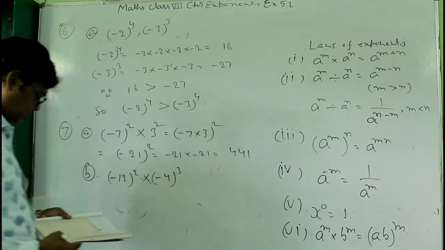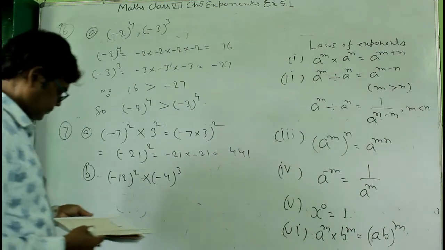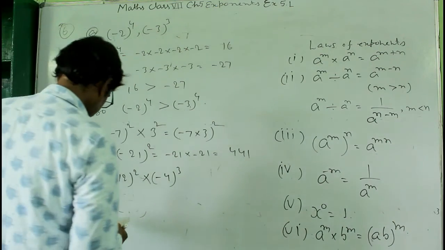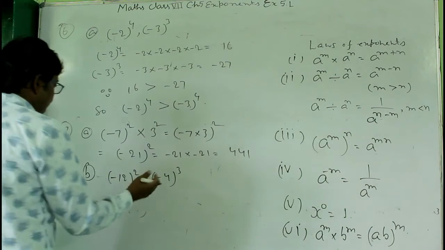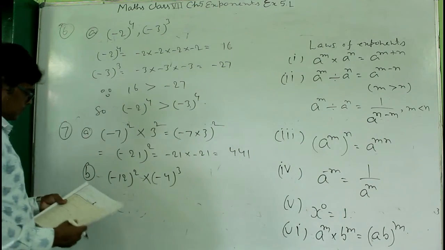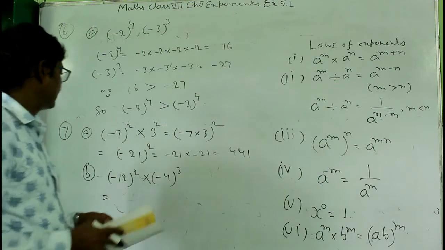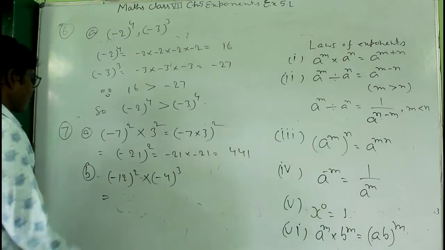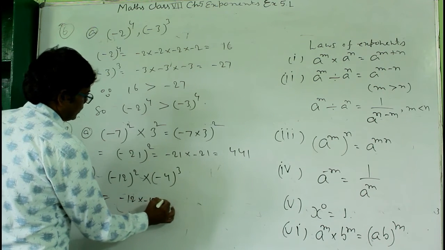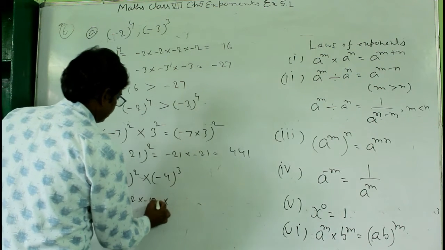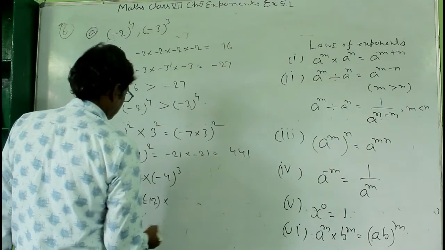This is minus 12 to the power 2 and 2 into minus 4 to the power 3. So how can it be done? Again find the value, because we have to simplify this. Minus 12 into minus 12, and here it will be minus 4 into minus 4 into minus 4.